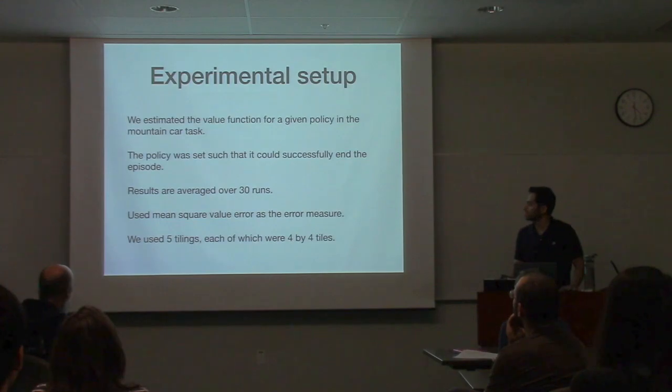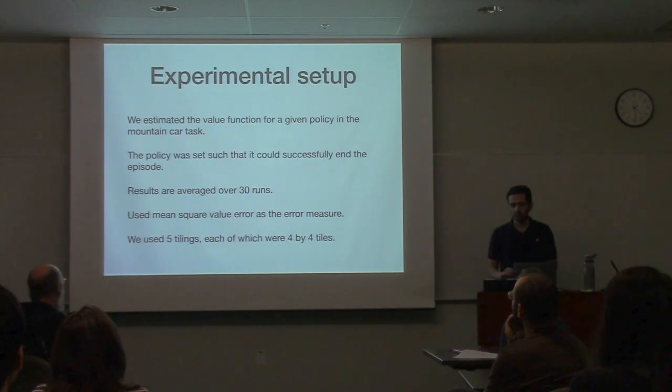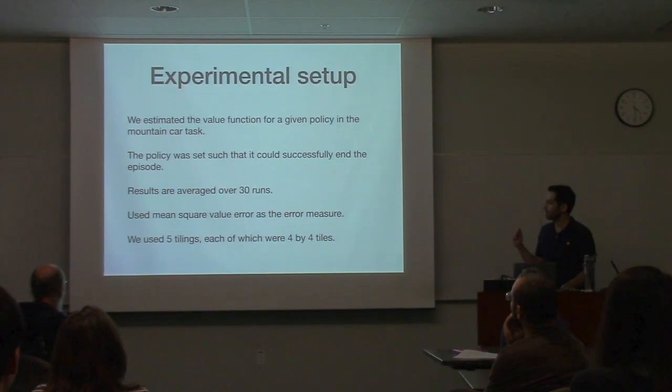The policy was set such that it could successfully finish the episode. The results I'm going to show you are averaged over 30 runs. And we used a measure of the difference between the true value function and the estimated value function as the error measure. And for the experiments with tile coding, I had 5 tilings, each of which were 4 by 4 tiles.